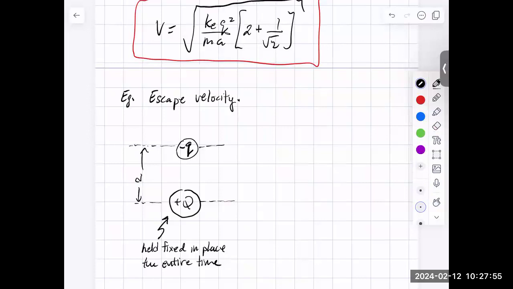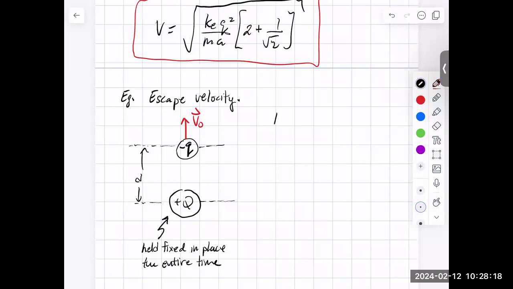The way we're going to do it is give little q an initial velocity that is directly away from big Q. The question is, how fast do I have to make the initial speed so that the two charges never come together?